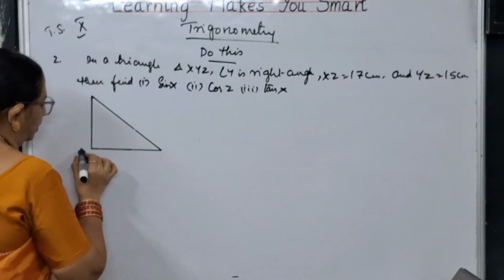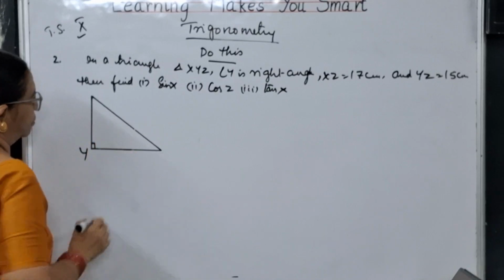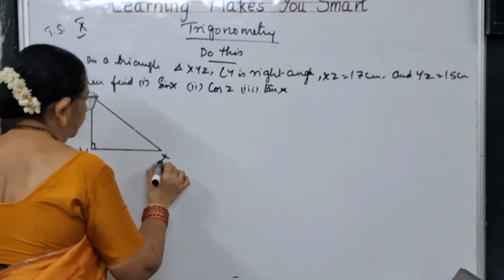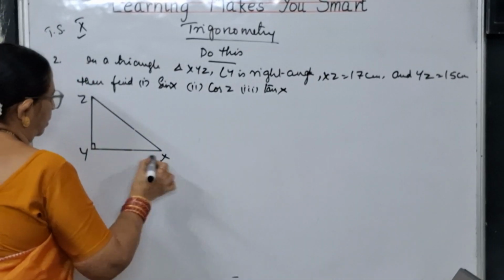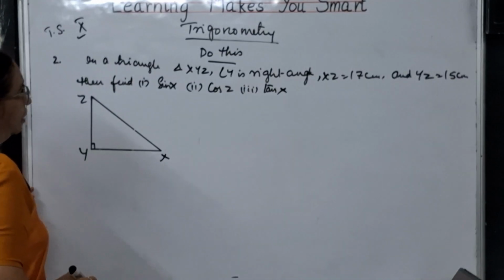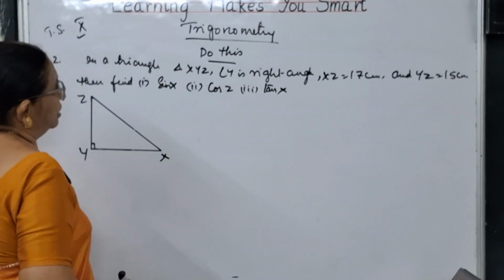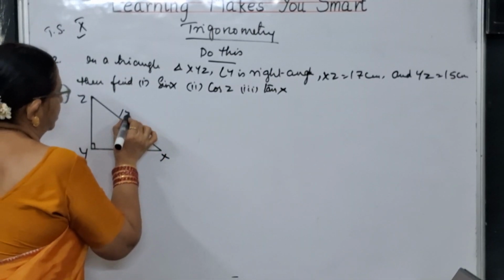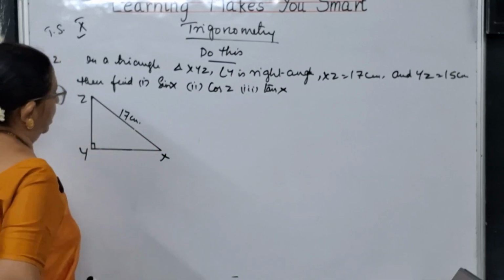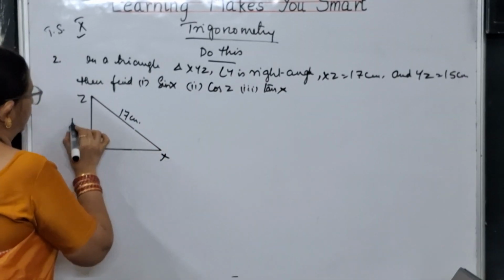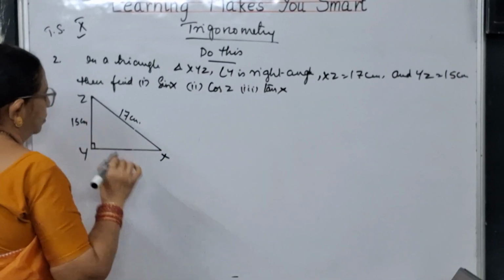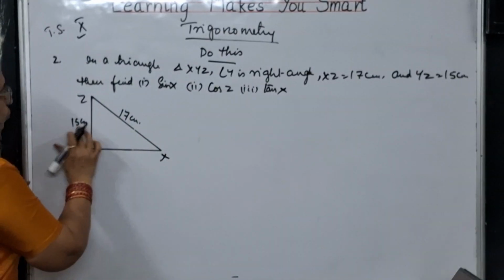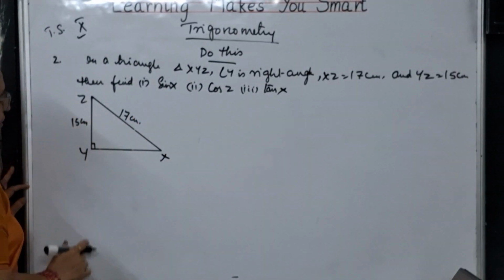Y is right angle. So this is Y, right? You can take X, Y, Z anyway, it doesn't matter. So what they have given here, XZ is given as 17 centimeters and YZ is given as 15 centimeters. So here also you see two values are given, third value they have not given.